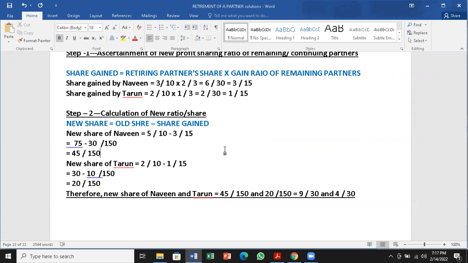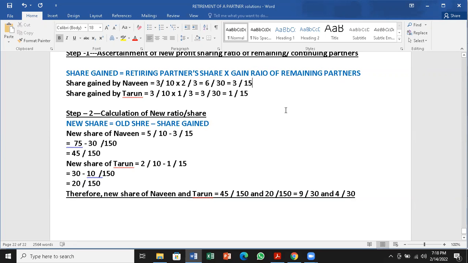Sir, share gained by Tarun, it is 3 by 10 into 1 by 3, no, sir? Retiring partner's share. Yeah, here it is. Correct. 3 by 10 into 1 by 3 becomes 3 by 30.